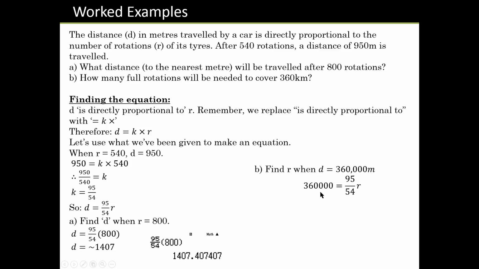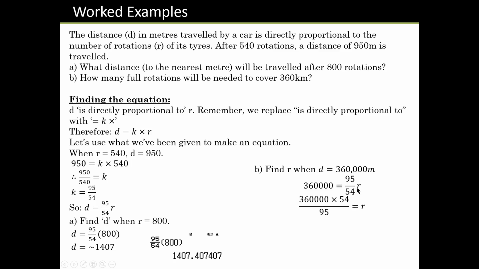Okay, so sub it in. Now, this is basic algebra, but just in case you're not sure, we have 54 at the bottom here. We're dividing r by 54, so we're going to multiply both sides by 54. The 54 will come and multiply with the 360,000 on top. And the 95, you will divide both sides by 95. So you end up with that.